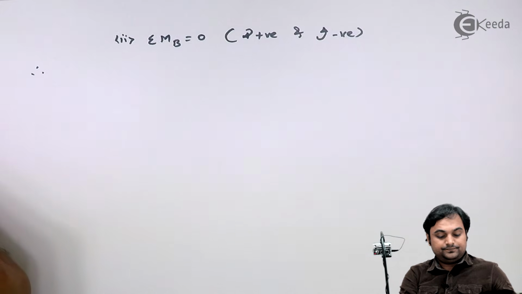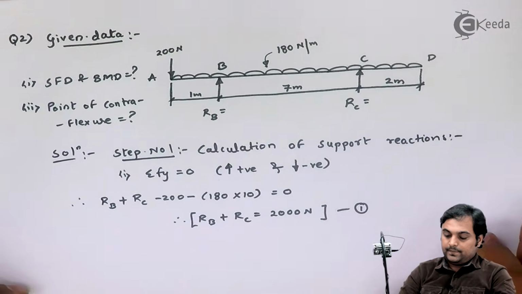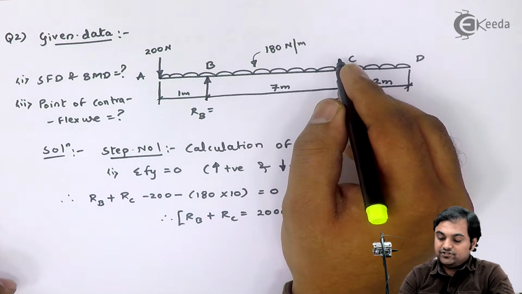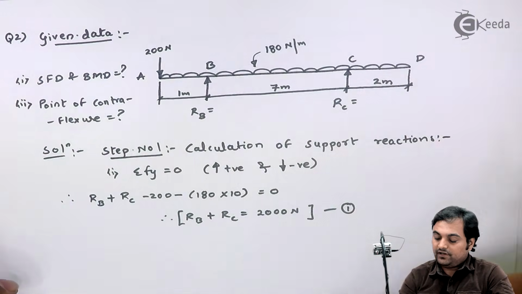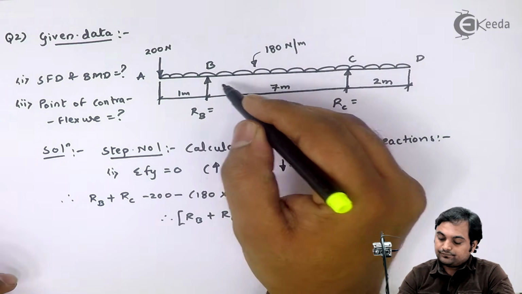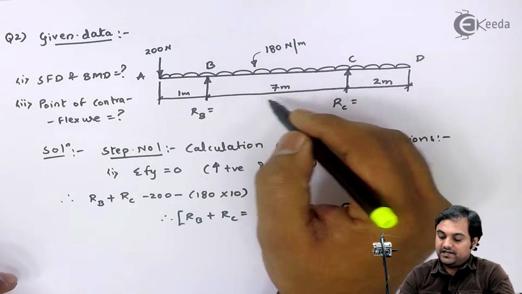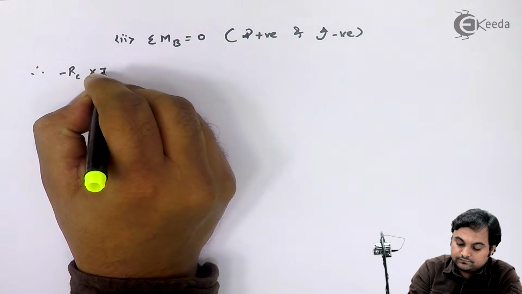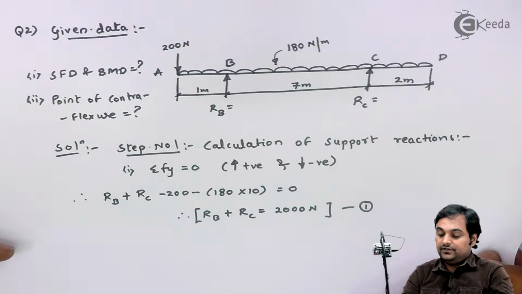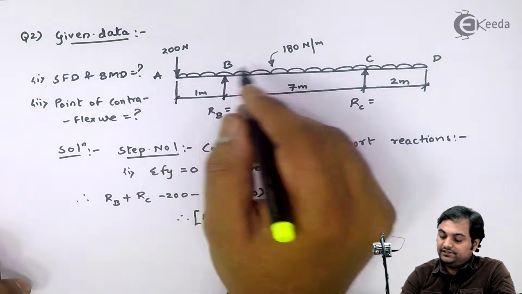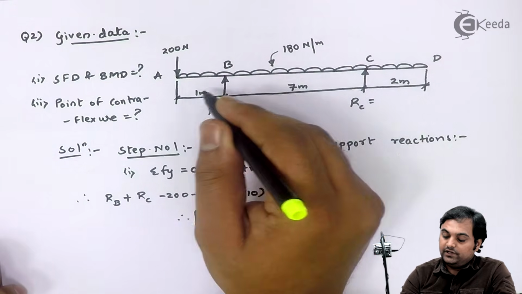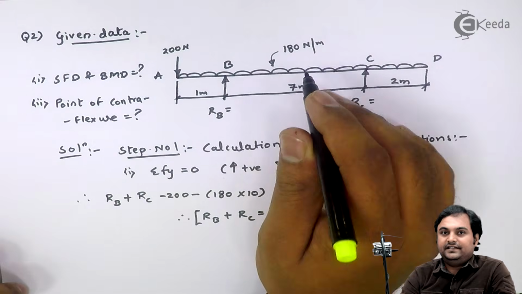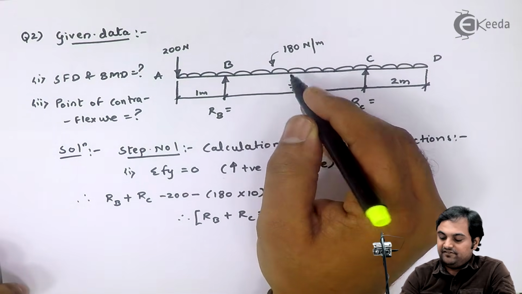So if I am taking moment at B, I have RC which is upward, and the moment is in anti-clockwise direction and distance is 7 meters, so it is minus RC into 7. Next, here I have 180 and it is the total value, 180 into 10, that's 1800 Newton. It will be acting at exactly the center of this beam, that is at 5 meters.